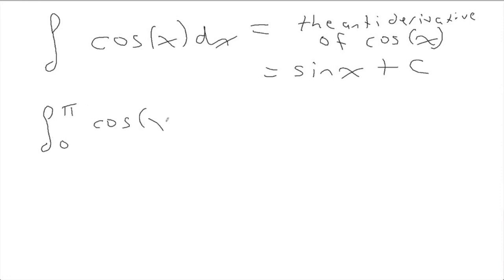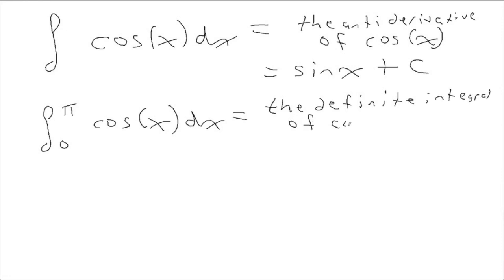What does this mean? This is the definite integral of cosine of x with respect to x between 0 and pi. Excellent. What's the graphical interpretation of this? This is the area between the x-axis and the curve cosine of x, between 0 and pi.